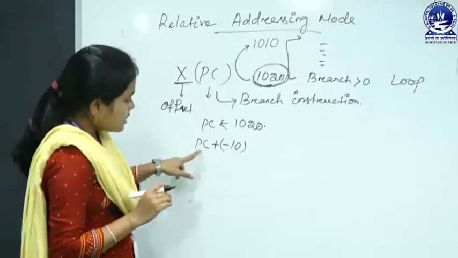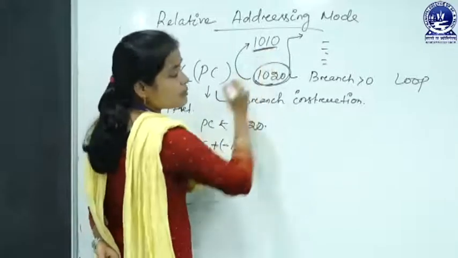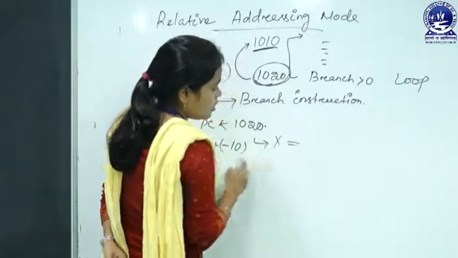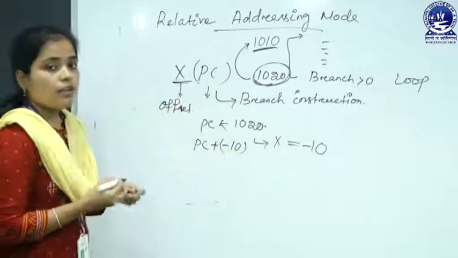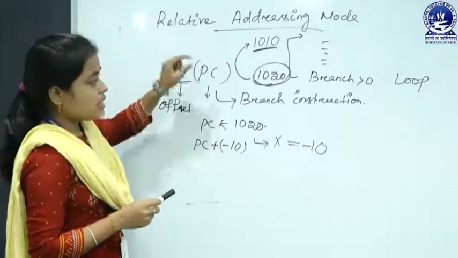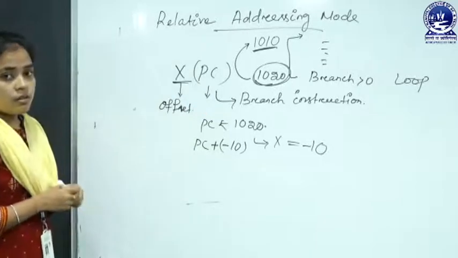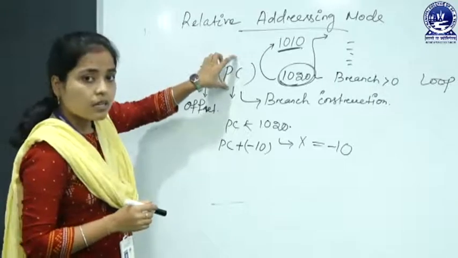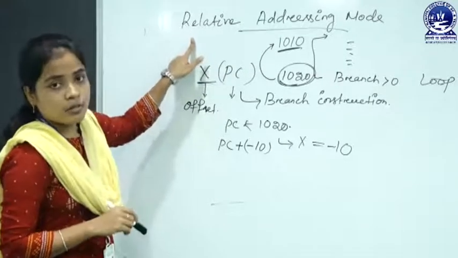So, PC is added with the -10 value to get this memory location. What is the offset value here? The X value is -10. You can get the offset value as negative also. For this type of concept, we use the relative addressing mode. As it is related to the program counter, it is called the relative addressing mode.